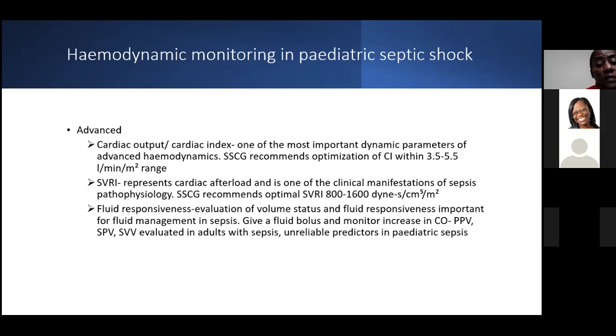It's been shown to be a bit unreliable in pediatric sepsis because in younger children, they have very compliant chest walls, and the smooth muscle in their blood vessels is not that well developed. So they are very compliant blood vessels. So it's a concept that is not very widely used in children.